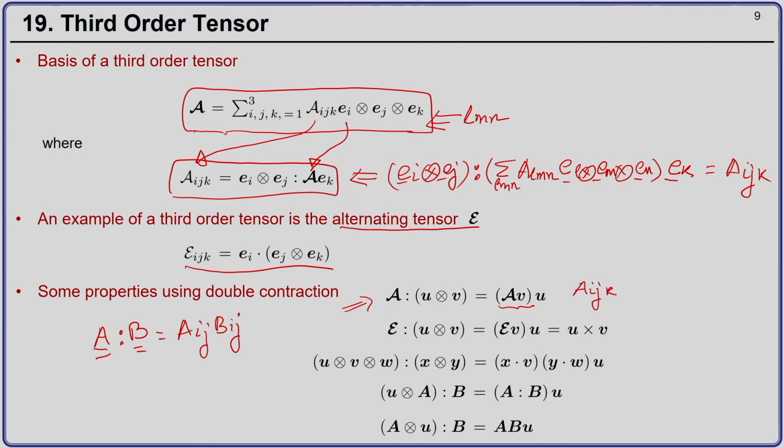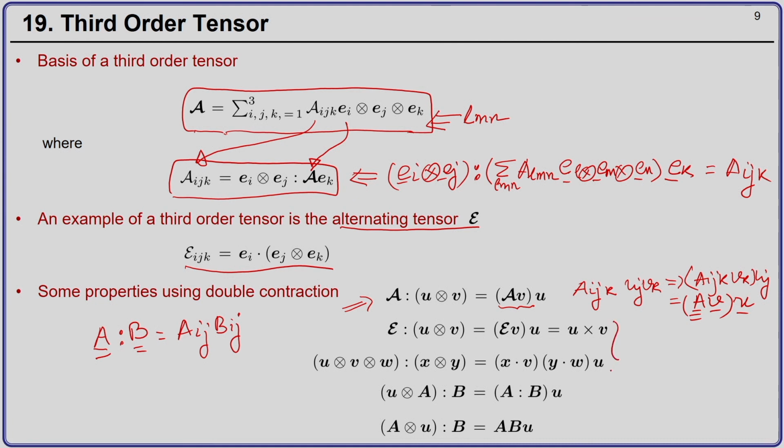A_ijk u_j v_k, which is nothing but A_ijk v_k u_j. And this is nothing but in direct notation A v into u, which is the right hand side.